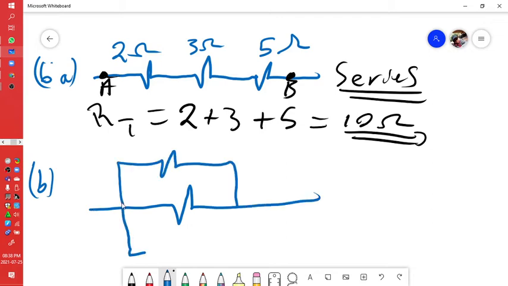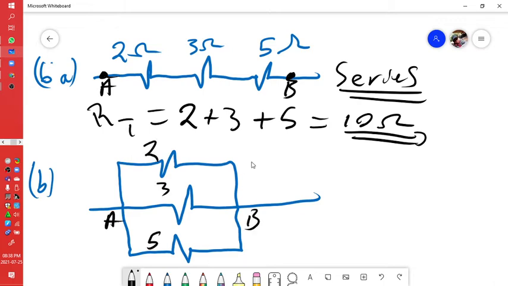This is your point A, this is your point B, this is your 2, your 3, your 5. If you are to identify this configuration, is it parallel or series? Parallel. So it's parallel.